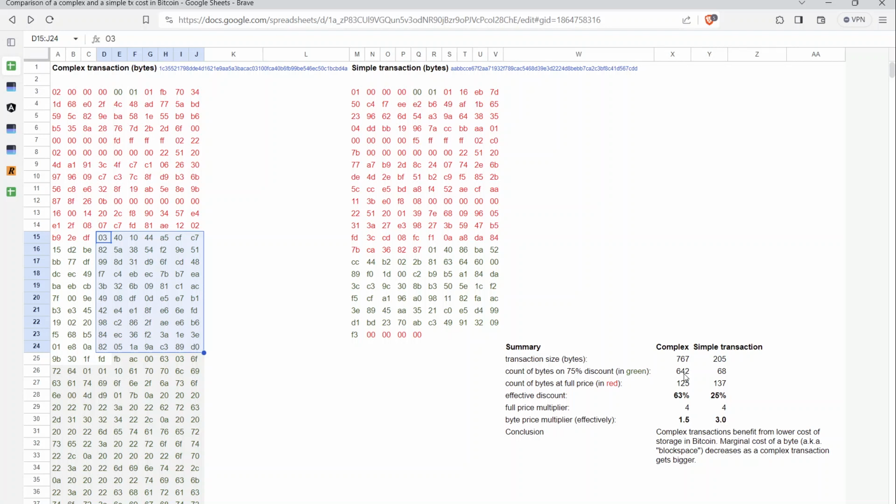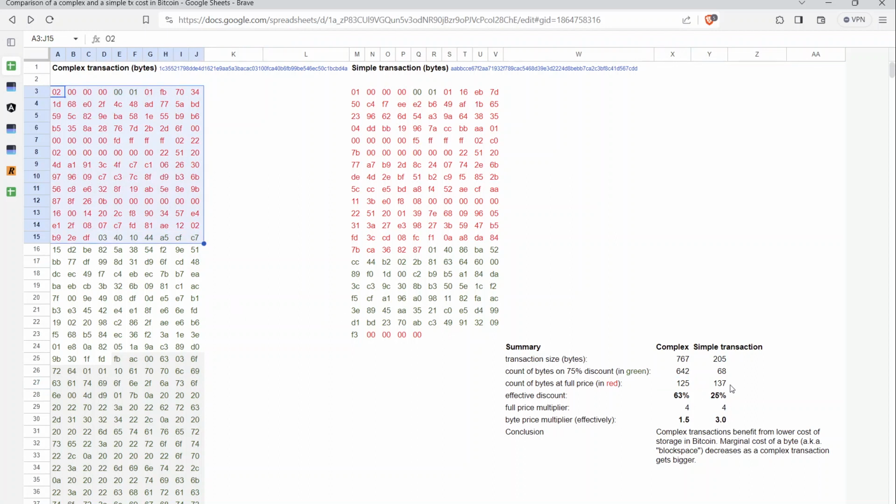As you can see, in the complex transaction we have 642 such bytes, while in the simple transaction we have 68 such bytes. The one who made the complex transaction paid the full price for 125 bytes, so mostly those bytes here.